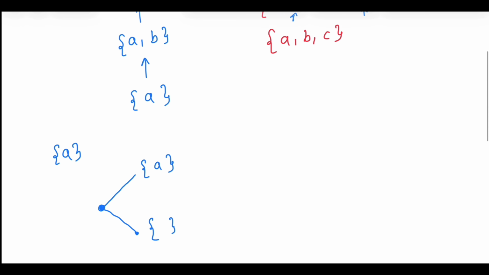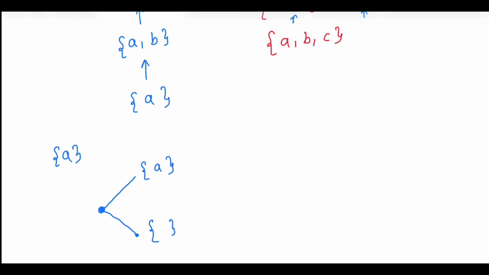Now if you want to find out how many subsets you can form if you have 2 elements, we will use the solution for the 1-element set, right? And then let us see what happens if we add the second element.